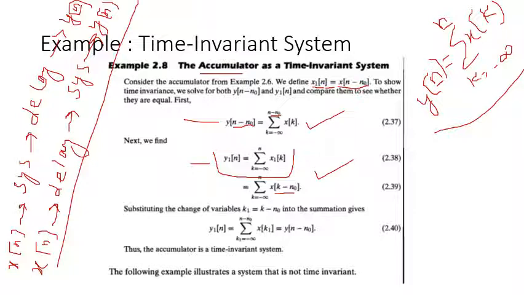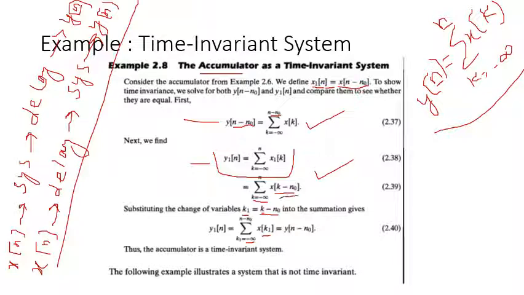If I replace k minus n naught with k1, another variable, this becomes x of k1, and k1 is equal to k minus n naught. We also have to find the limits.